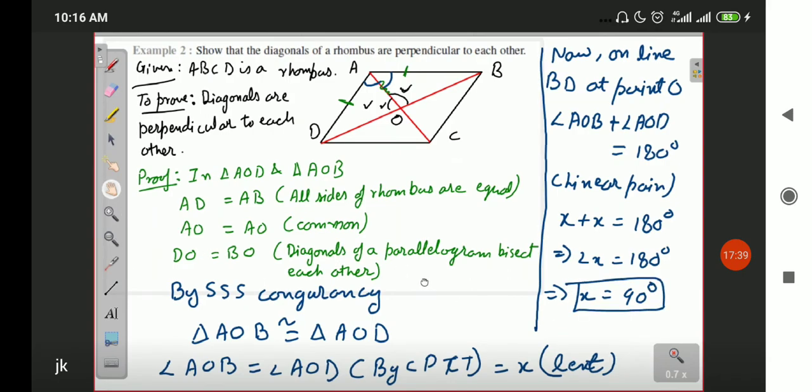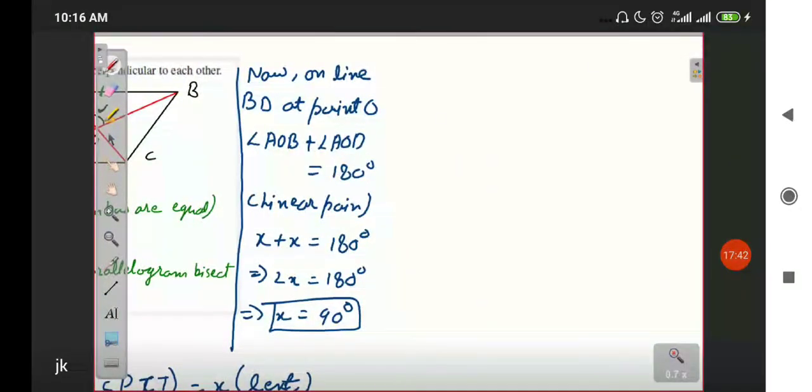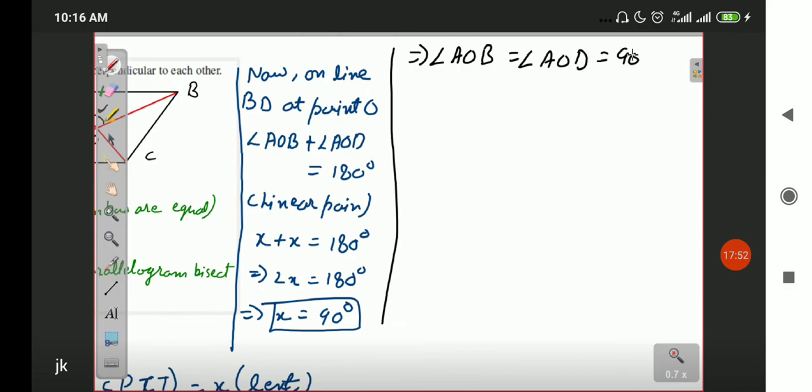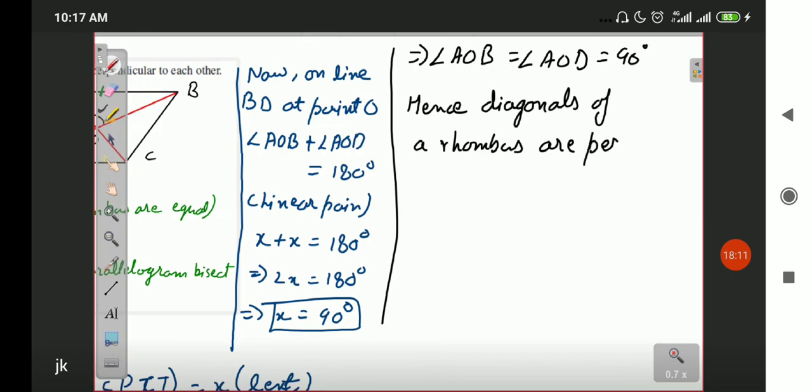Finally, we will write down: this implies that angle AOB is equal to angle AOD is equal to 90 degrees. Hence, the diagonals of a rhombus are perpendicular to each other.